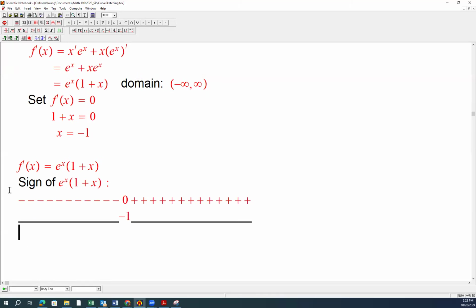On this interval, the derivative tells the increasing and decreasing of the function.